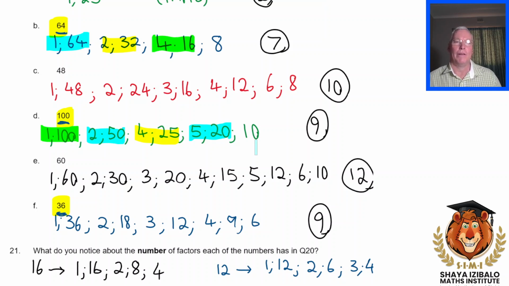That one goes on its own because it goes with itself. And with 36, these two go together, these two go together, these two go together, these two go together. And the last one goes on its own.